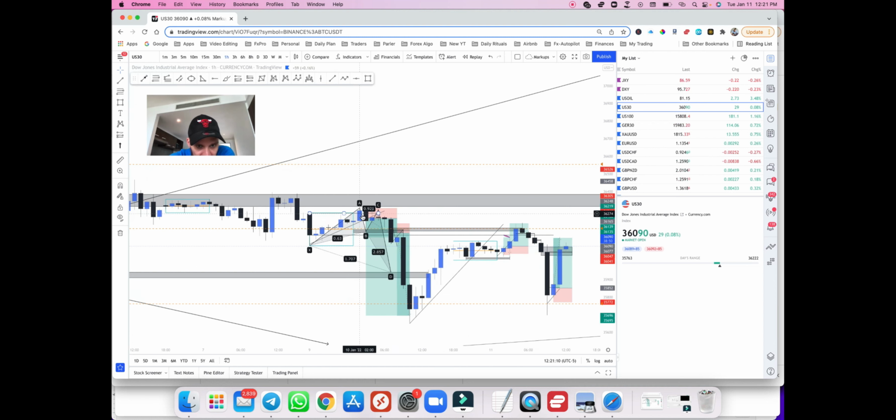You can see here, let me just remove some of this drawing. You can see here how it acted as a strong liquidity level. Price induced buyers throughout the Asia session here, and then boom, it went down.